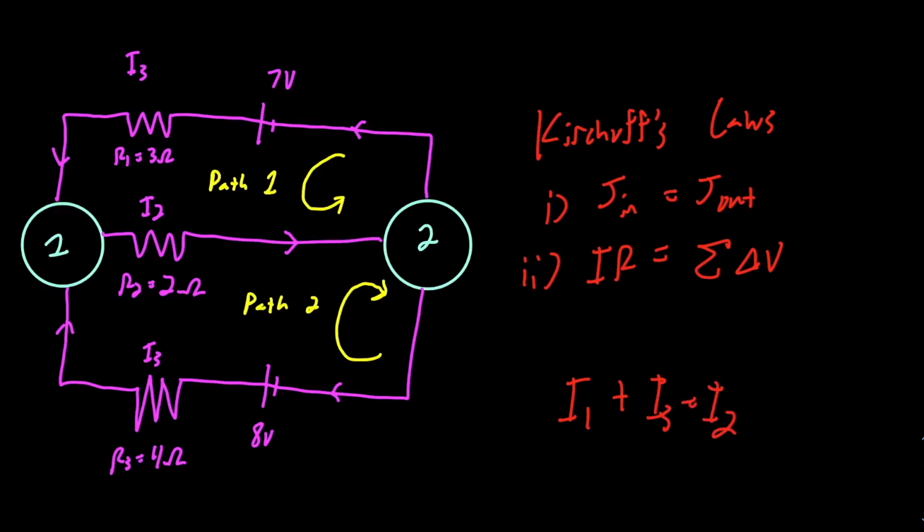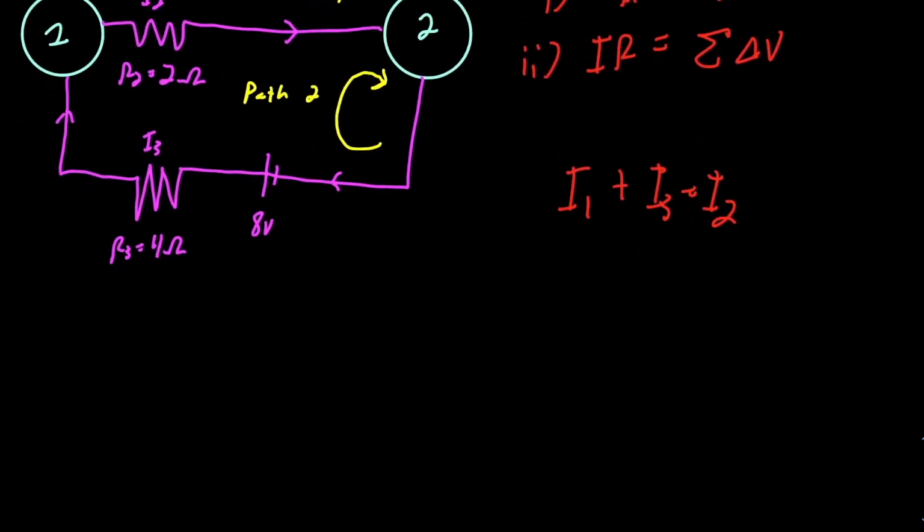Now, in the next step, you're supposed to apply Kirchhoff's second law. And how are you supposed to do that? Well, do keep in mind we have two paths. We have path 1 and we have path 2. Mathematically, we can represent them like this.